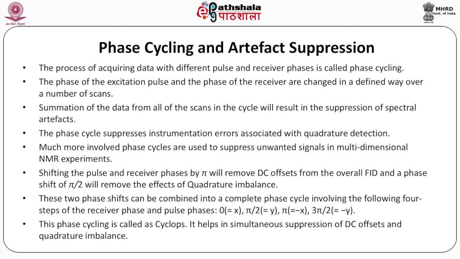These two phase shifts can be combined into a complete phase cycle involving the following 4 steps of the receiver phase and pulse phases. 0 is equal to x, pi by 2 is equal to y, pi is equal to minus x and 3 pi by 2 is equal to minus y. This phase cycling is called CYCLOPS. It helps in simultaneous suppression of DC offsets and quadrature imbalance.